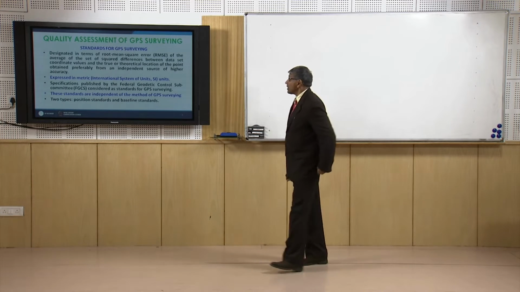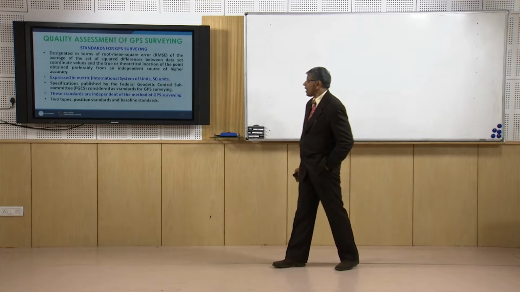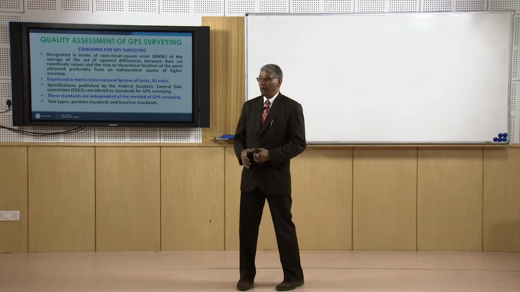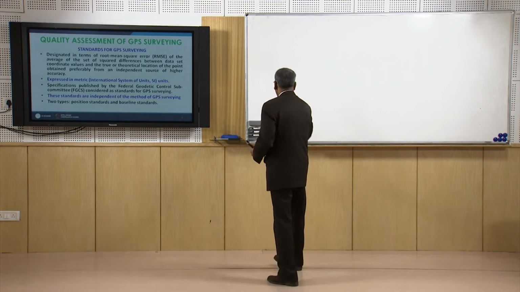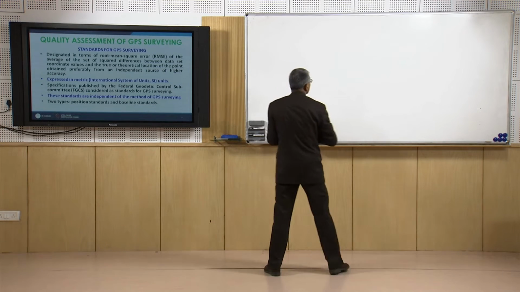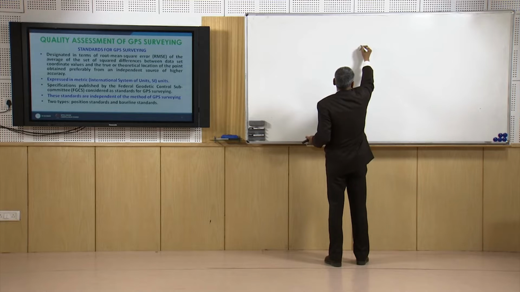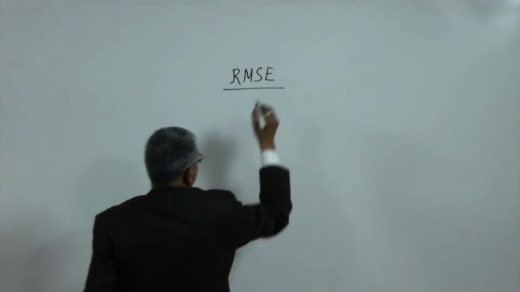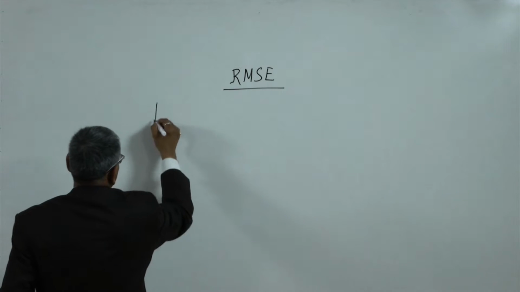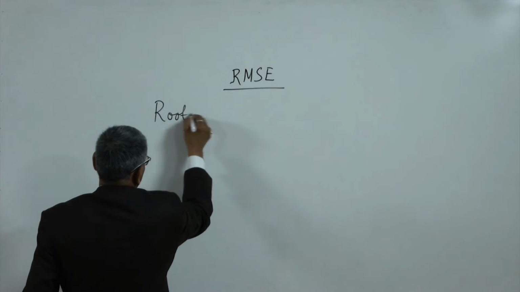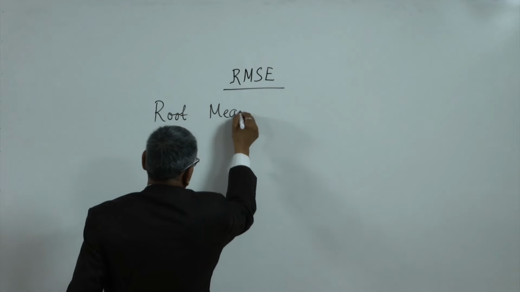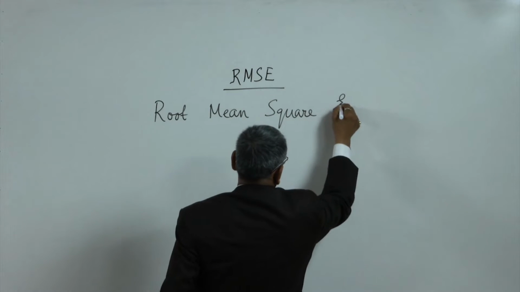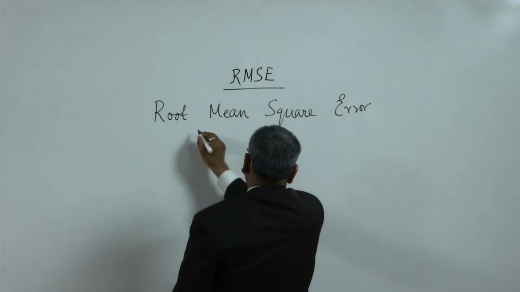Now, to start with, the standards for GPS surveying. I will explain the root mean square error.